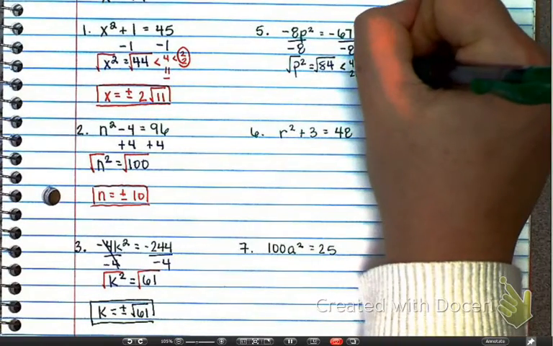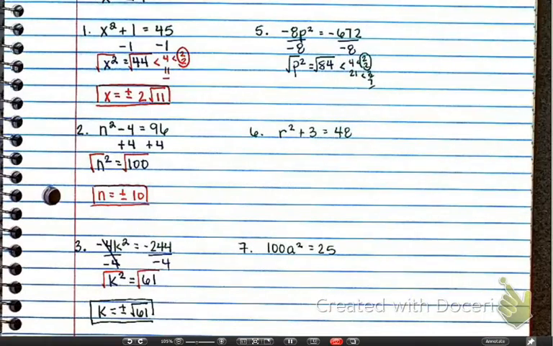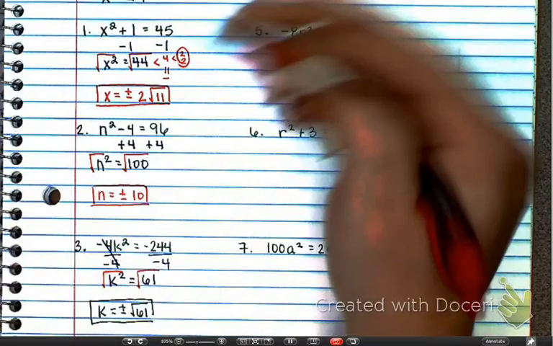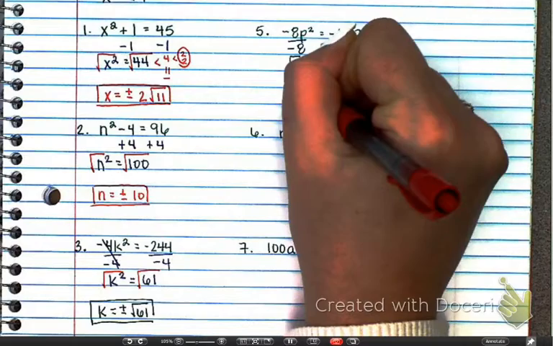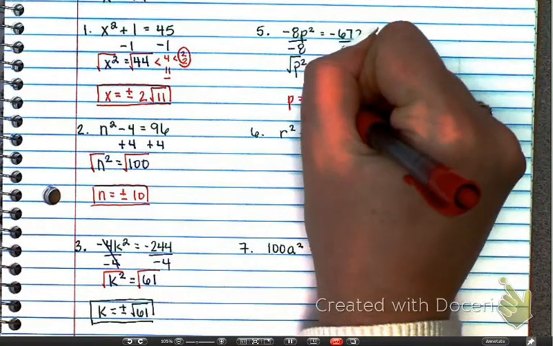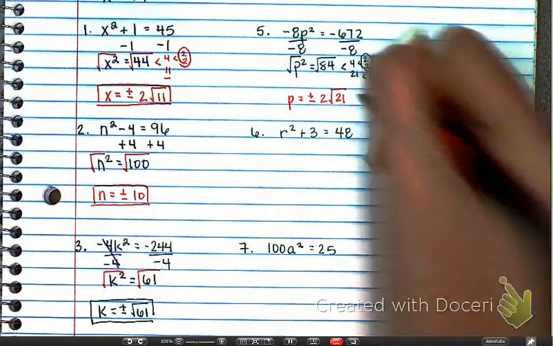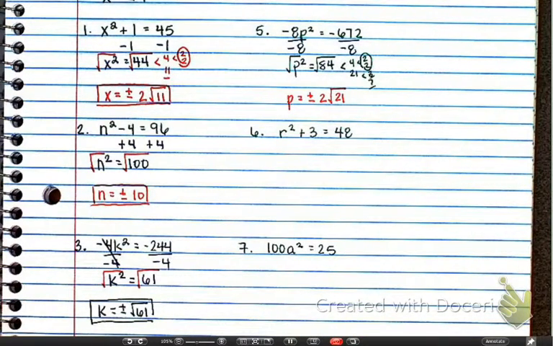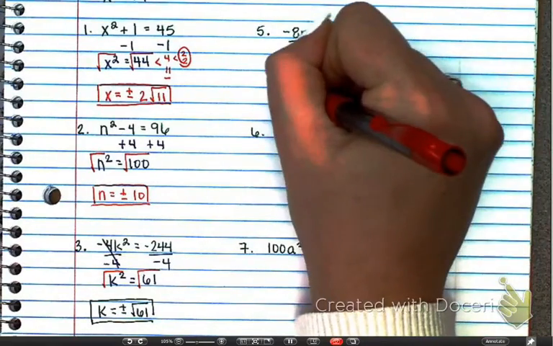So I have a pair of 2s with a 3 and a 7 left over. So p equals plus or minus, some of you were forgetting that. The 2 comes out, 3 and 7 stay inside for 21. So you should have a plus or minus 2 square root of 21 as your answer.